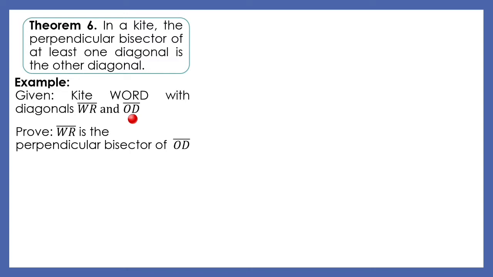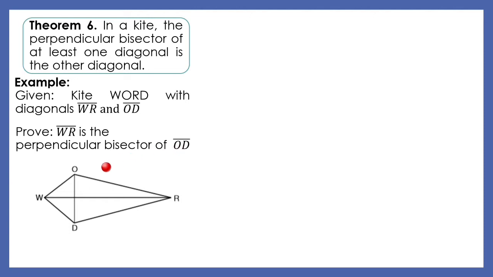We will prove that line segment WR is the perpendicular bisector of line segment OD. This is our figure. We have kite WORD na merong diagonals WR at saka line segment OD. Ipoprove natin na itong line segment WR ay perpendicular bisector ng line segment OD.